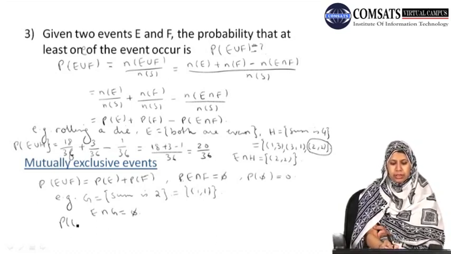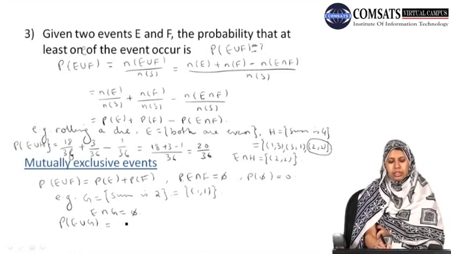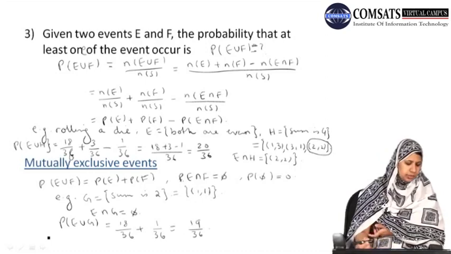So the probability that at least one of the events will occur from the events E and G will be equal to the probability of the event E, which is 18 by 36, plus the probability of the event G, which is 1 by 36. So the probability that at least the event G or E will occur is 19 by 36.